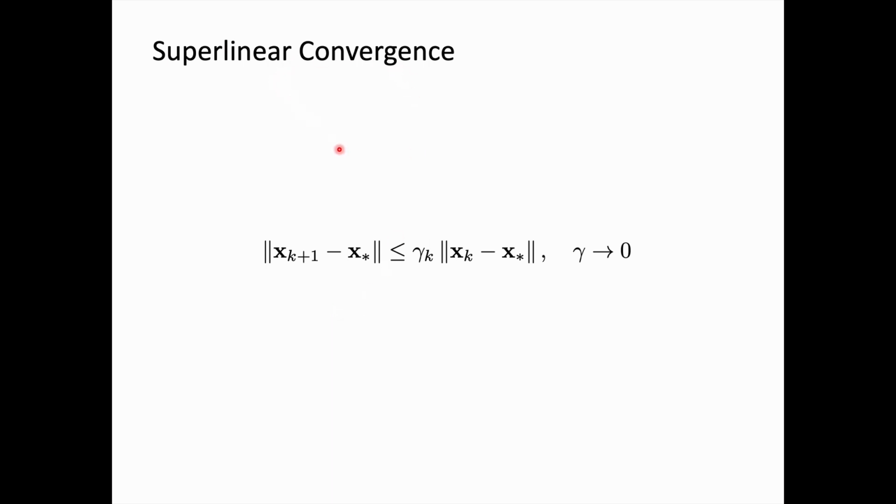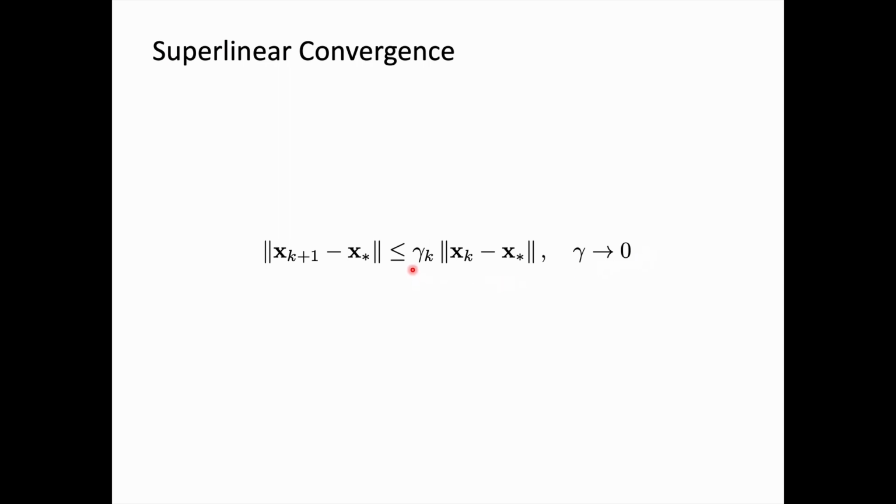The formula looks very similar to the previous one, but the difference here is instead of choosing a value of gamma that does not change, here we need to define a decreasing sequence of gamma.